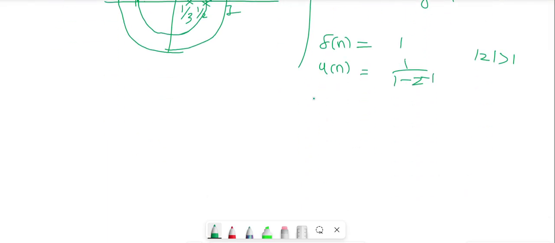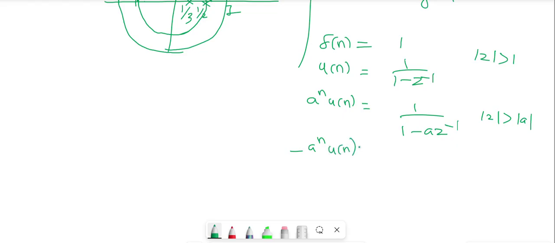If it is a power n into u of n, it will be 1 by 1 minus a Z inverse, where the modulus of Z is greater than a. And minus a power n into u of minus n minus 1 gives 1 by 1 minus a Z inverse, where the modulus of Z is less than a.